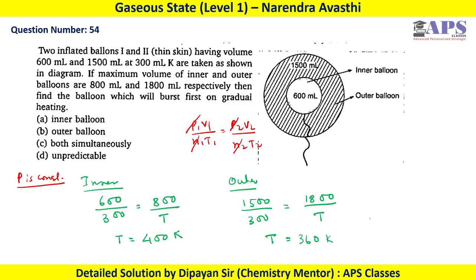So if we start with 300 Kelvin and increase the temperature, we will touch 360 first, then we can go for 400. So between the inner and outer balloon, the outer will burst first. So option B will be the correct option.